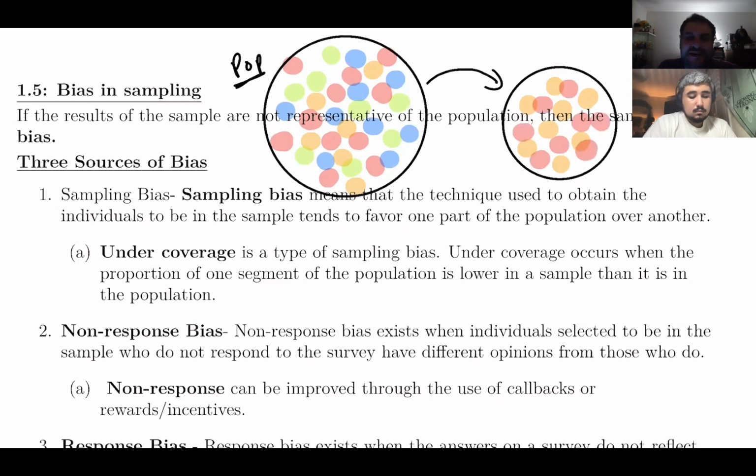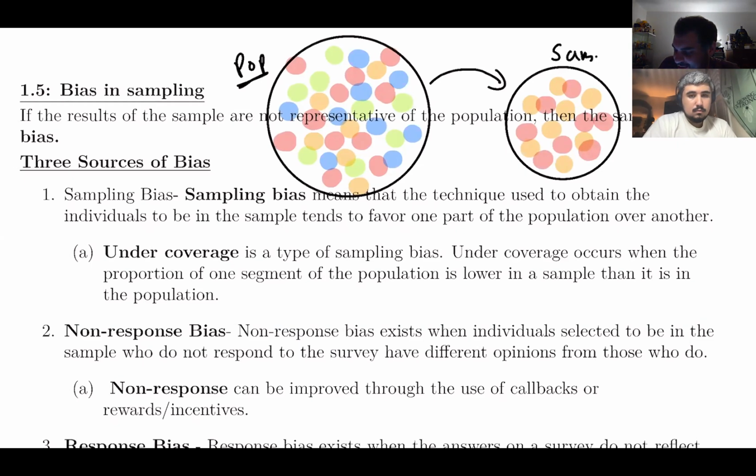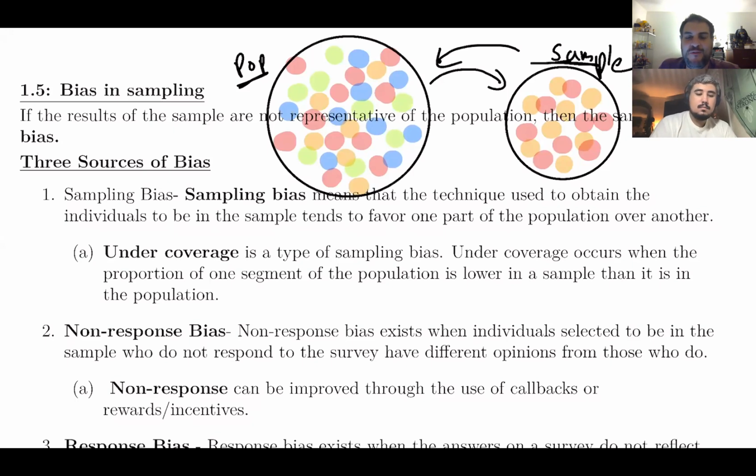And that's pretty much it. So does this sample represent what my population looks like? No. So it doesn't represent what my population looks like. And this is what we call undercoverage.